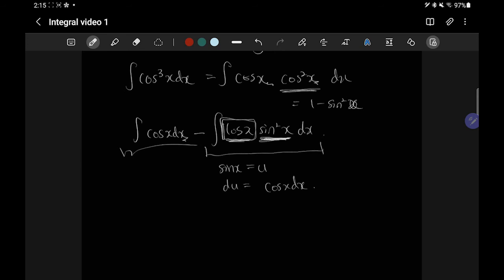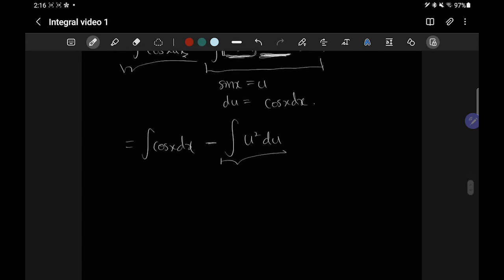So let's replace all sine x with u and cosine x dx with du. Then our function now becomes the integral of cosine x dx minus the integral of u squared du.